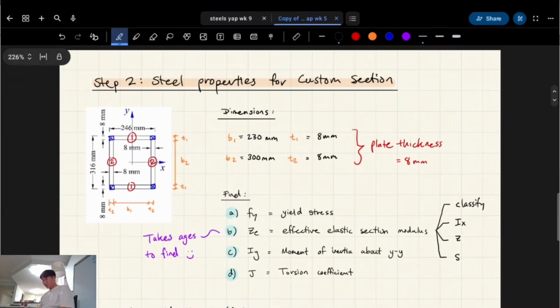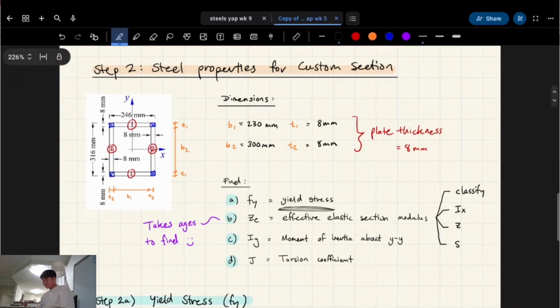So here's the order that I like to find it for a custom shape. The first one is yield stress. That was not too bad because it's based on plate thickness, and it's in table 2.1, I think, in AS 4100. But then remember how we talked about effective section modulus for edges last time?